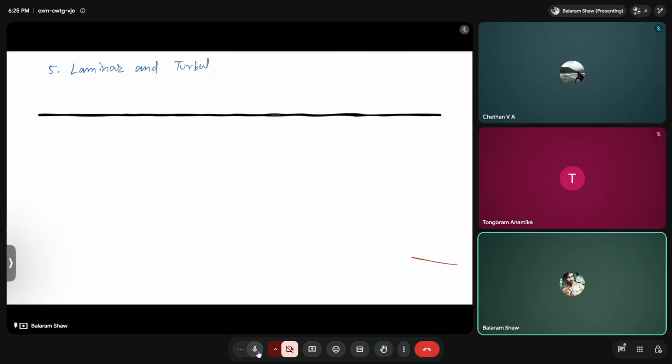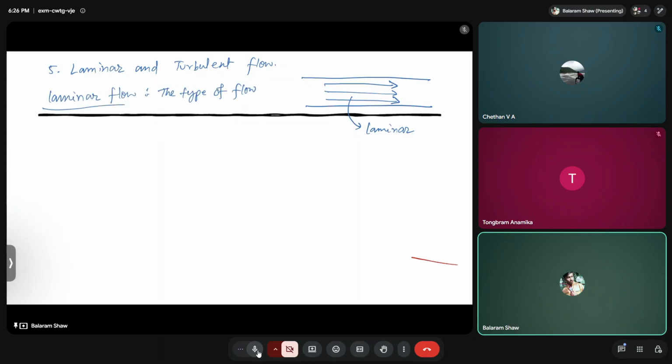So if I write the definition, a laminar flow can be written as the type of flow in which the fluid particles will move along well-defined paths.